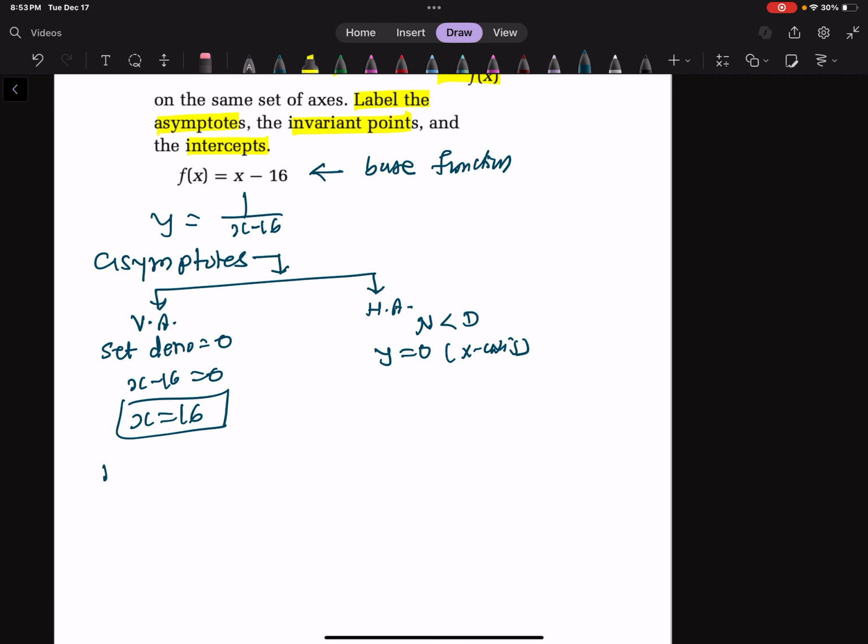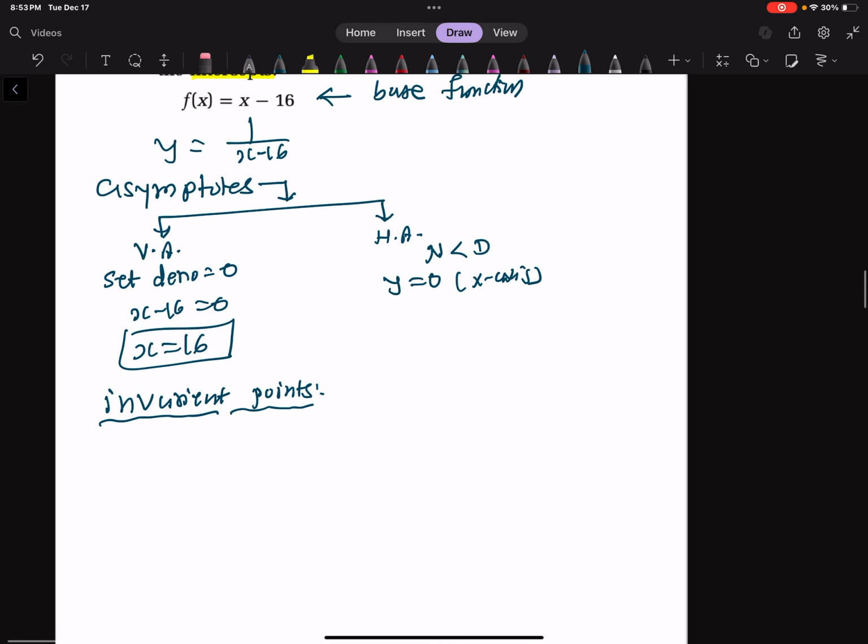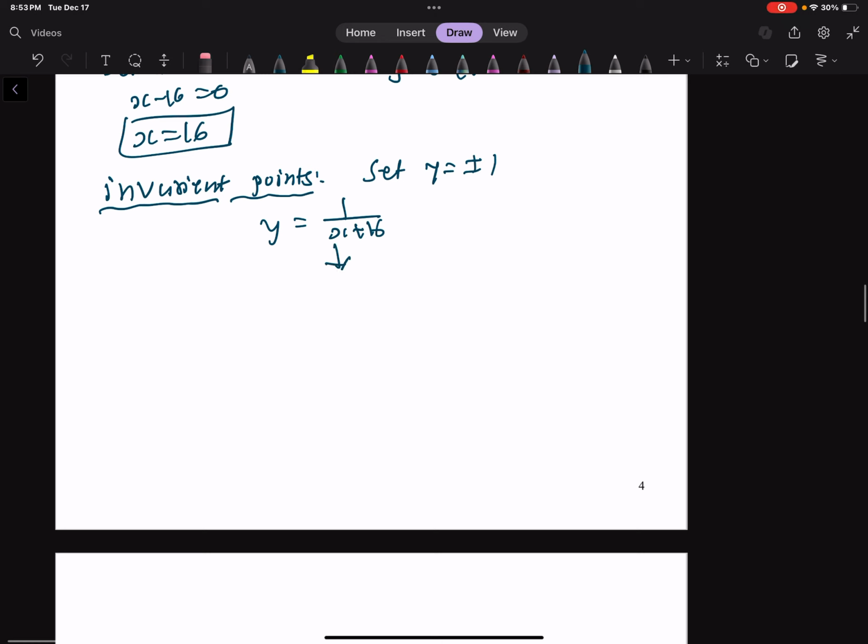Now to find invariant points: invariant points are points that are unchanged after a transformation has been done. To find invariant points, always set y equals plus or minus 1. We have the reciprocal function 1 over x minus 16. Take y equals positive 1 and y equals negative 1 to find the value of x.